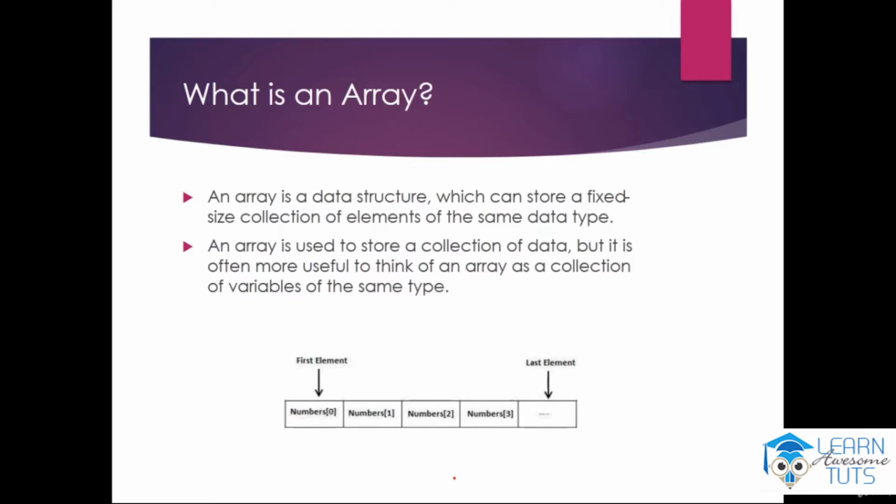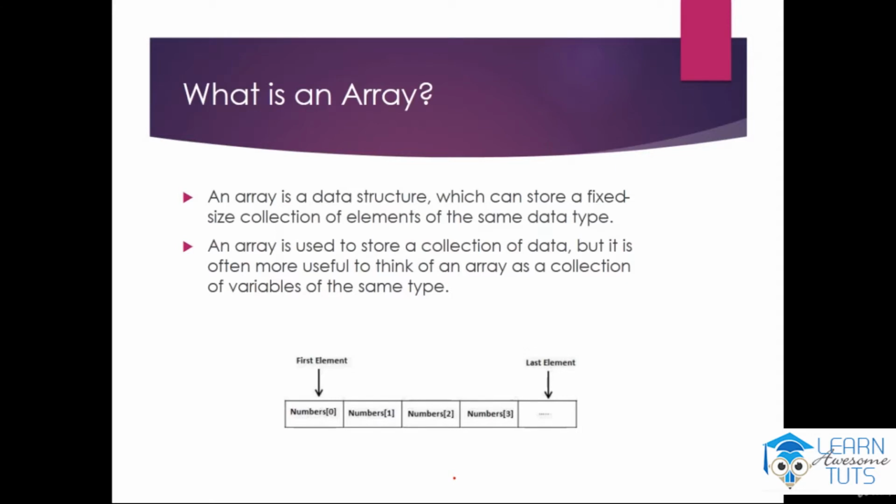An array is a data structure which can store a fixed size collection of elements of the same data type. An array is used to store a collection of data, but it is often more useful to think of an array as a collection of variables of the same type.